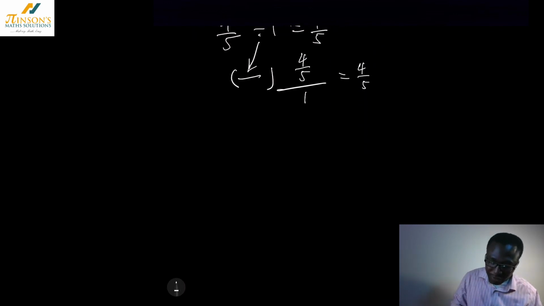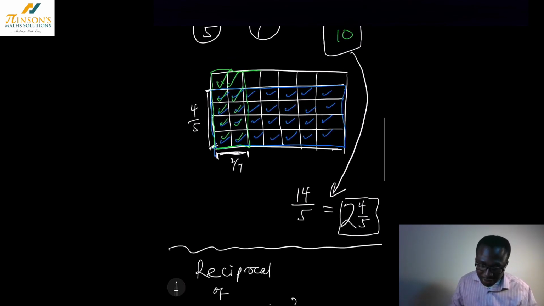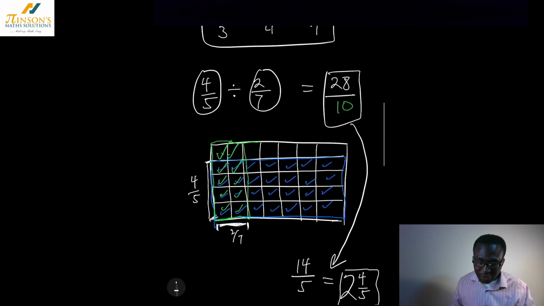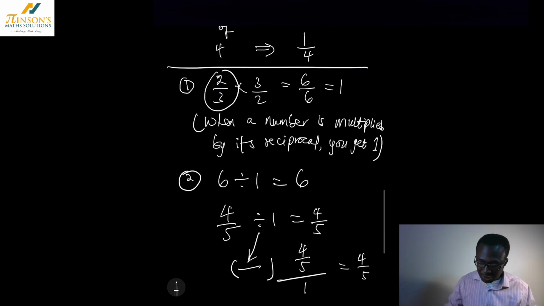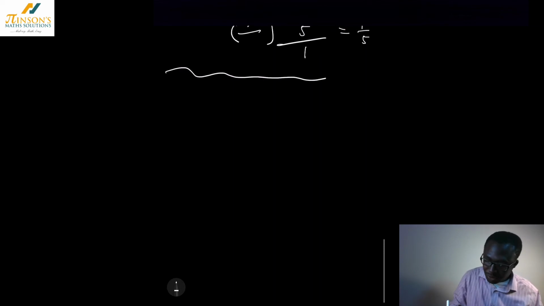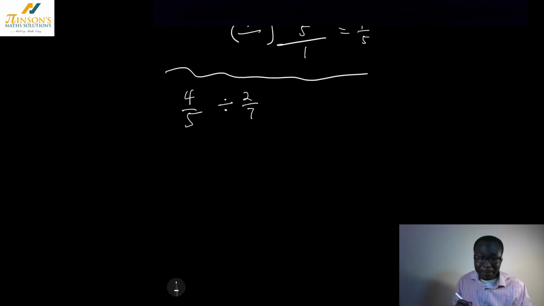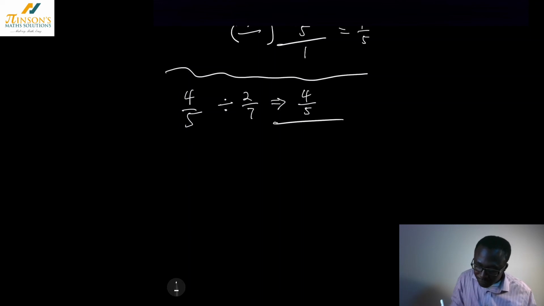I want to use the same example here: 4/5 divided by 2/7. First of all, remember that the division sign is my fraction sign. So I could rewrite this as 4/5 over 2/7.